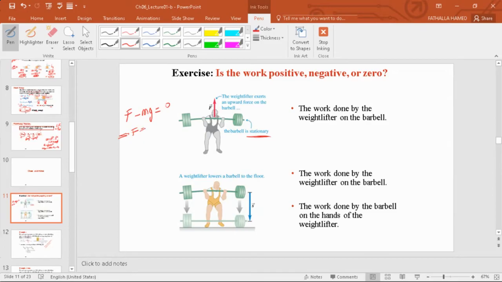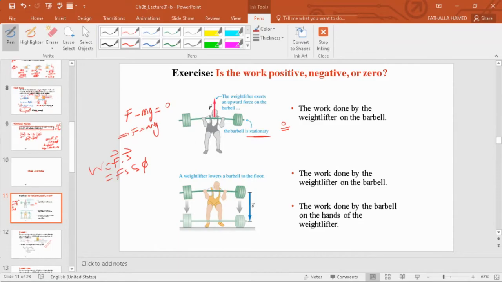So the force here will equal mg. But when it comes to work, we said that the work should equal F dot S, which is equal to Fs cosine phi. And since there is no S, that means in this case the work is 0. But that doesn't mean the weightlifter is not applying any force. No, he's applying a force equal to the weight of the barbell, but it's not moving.